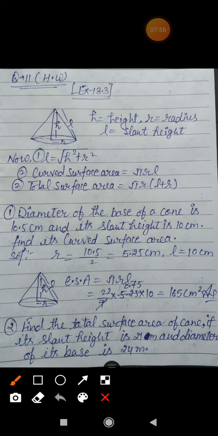Okay, so this is a cone, and I relate these things to normal day-to-day life examples. Just see, everyone has seen a cap that is worn by a joker, and you also wear this type of cap at a birthday party. So that shape is a cone.